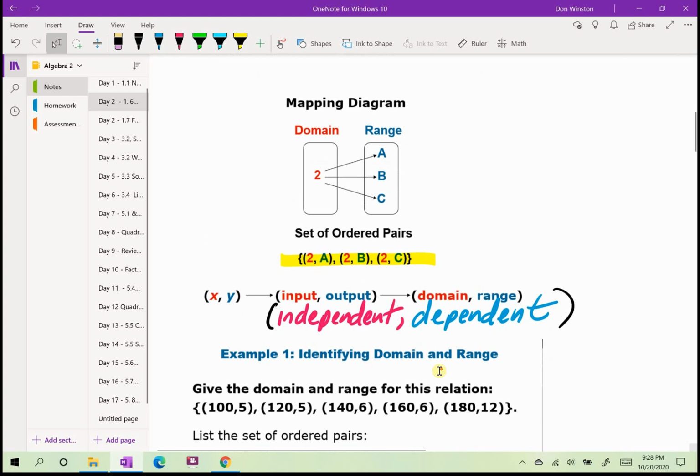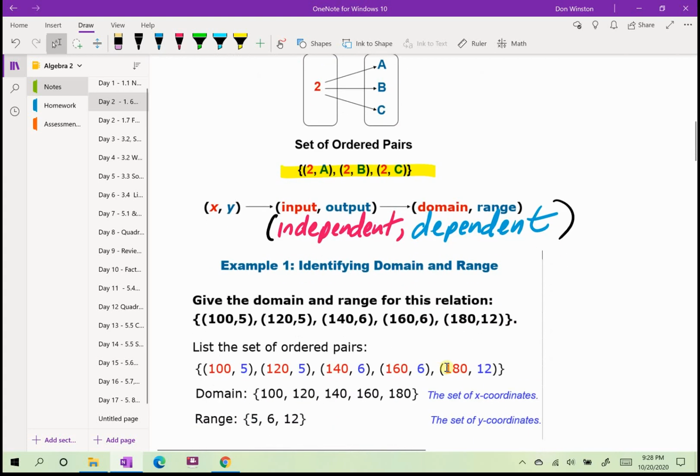So, identifying domain and range. Here we have 5 coordinate points, and let's identify the domain. Remember, the domain is the x. So x, x, x, x, x. And so my domain includes 100, 120, 140, 160, and 180. They listed that as a discrete number of elements. And then the range are the y's.